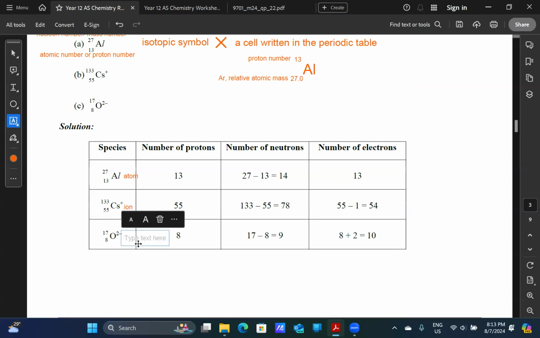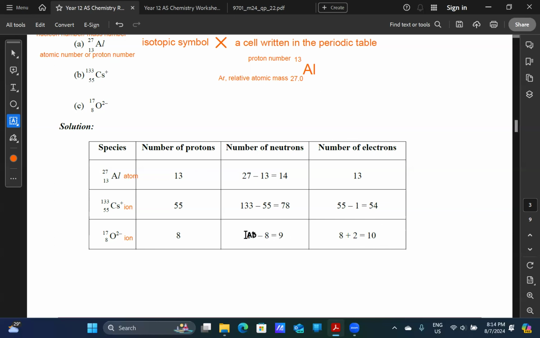Then the next example, oxide, is also a type of ion. As you can see, oxide carries charge as well, two negative charges. Why does the oxide carry two negative charges? It's very obvious that oxide gains two electrons. Then how do you calculate its number of electrons? From 8, it gains another 2, so its overall number of electrons becomes 10.